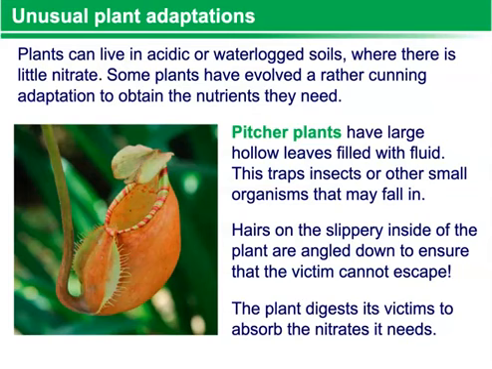These trap insects and other small organisms that may fall into them. Hairs on the slippery side of the plant are angled down to ensure that the victim does not escape, and the plant digests its victims to absorb the nitrates it needs.